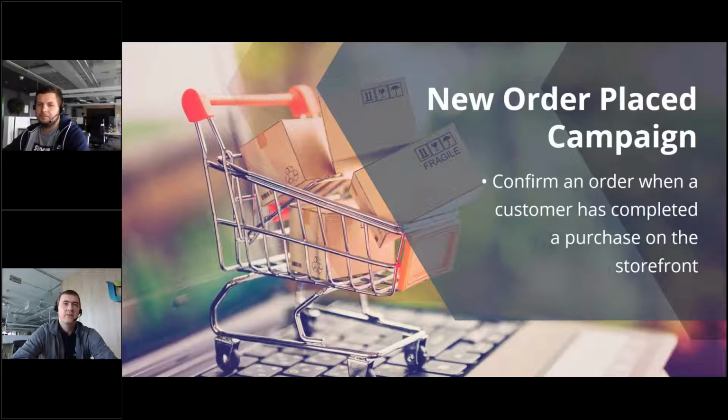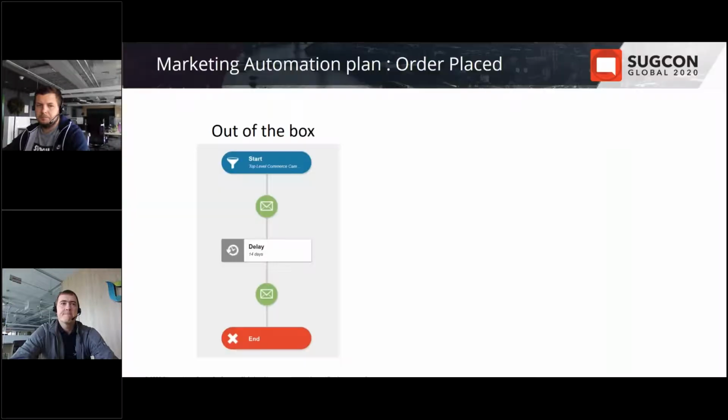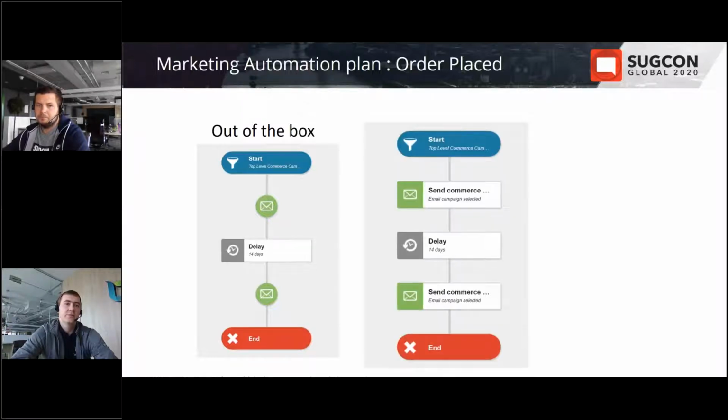So we finally get to one of the automation campaigns, which is the new order placed campaign. And this automation plan is available out of the box. This campaign is aimed to notify the customer about the order placed and follow up in 2 weeks with product recommendations. So out of the box, you get this automation plan, and you will need to complete configuration for it. You will need to create 2 emails in EXM in advance, and then you will need to assign them to the automation plan.